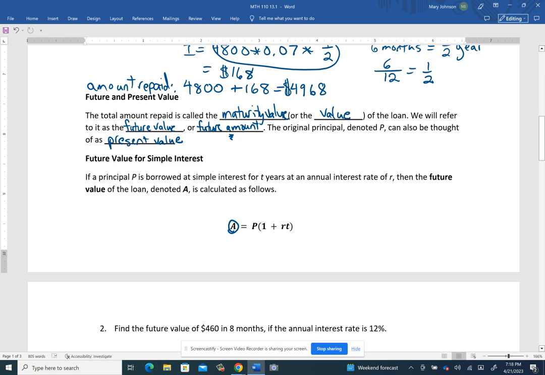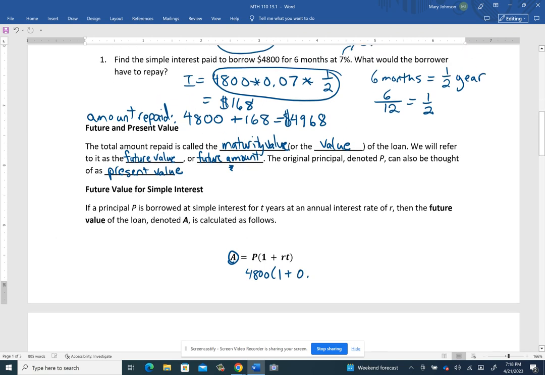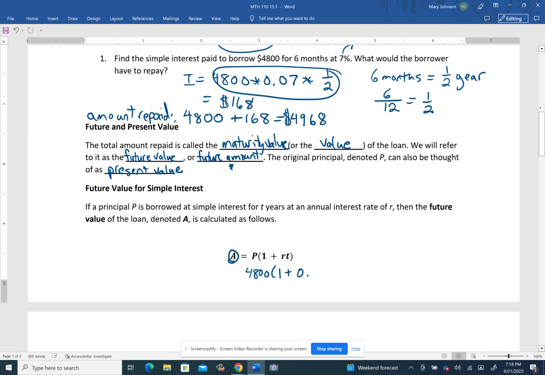So from the problem above, if I put the 4,800 in here and then did 1 plus the 7% multiplied by the time in years, the 1/2, what happens is the formula calculates the interest but also adds it back to the 4,800.